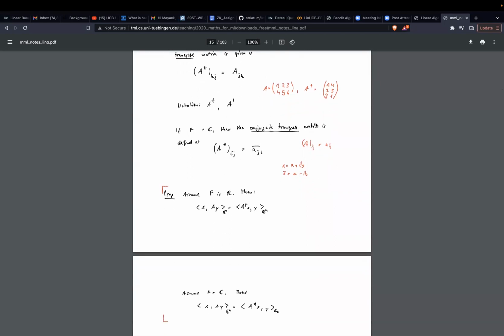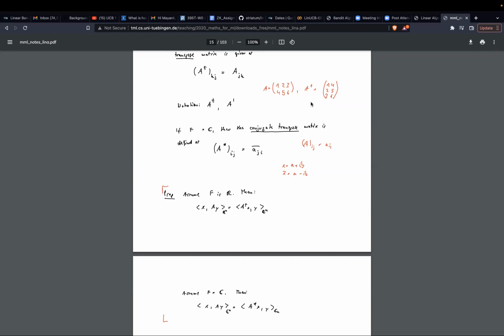And conjugate transpose is basically so not every matrix is, so when we talk about matrices for which the elements are complex numbers, then what you do is, after interchanging rows with columns, you also take the conjugate of that particular complex number.